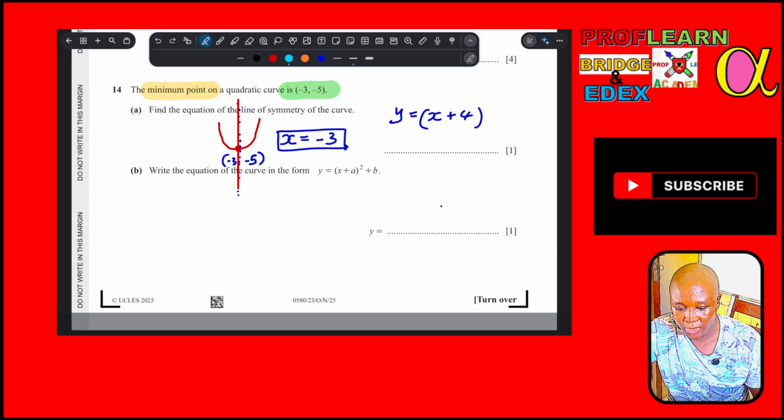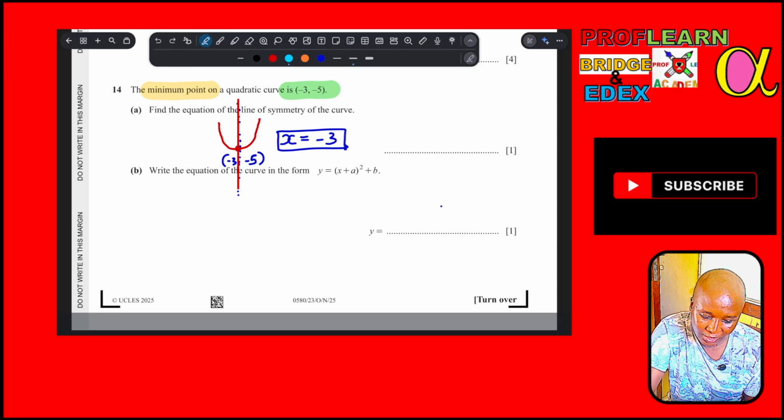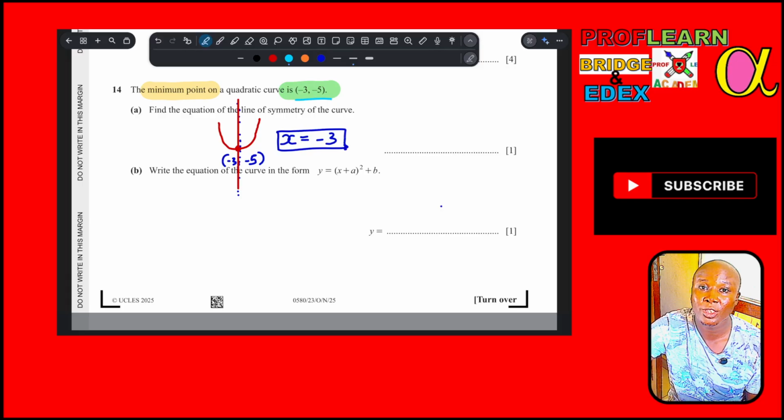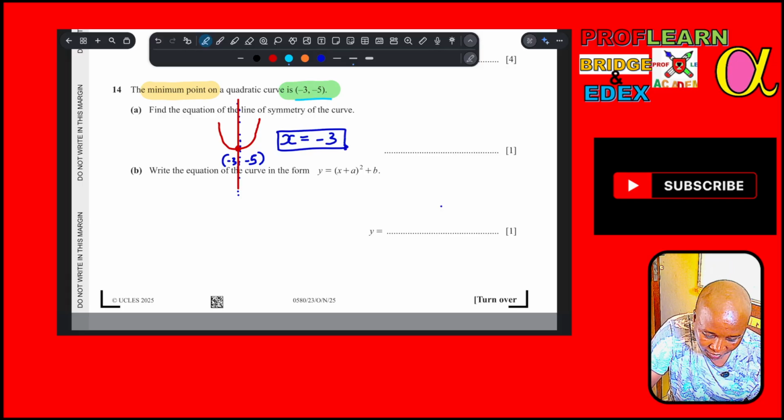So in the event we are given a question like this one, and we are given the turning point, we are supposed to come up with the equation. At that point, you're going to say this is going to be y equals negative x. Now, for it to be negative, it must be positive here, +3 squared minus 5.